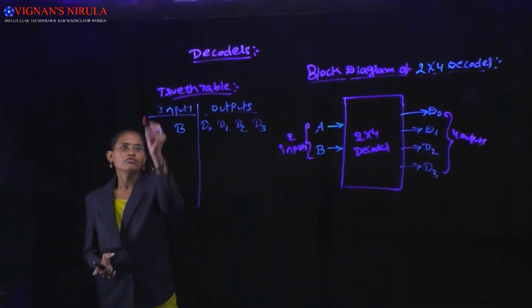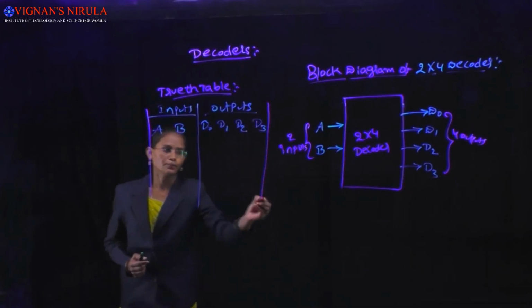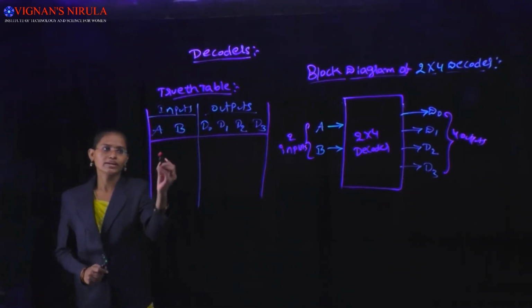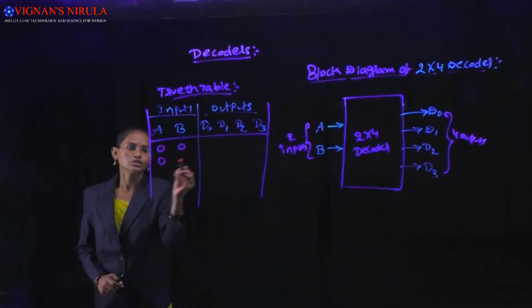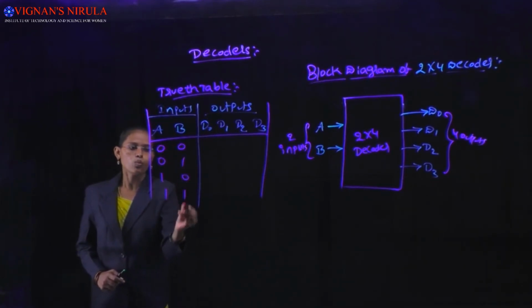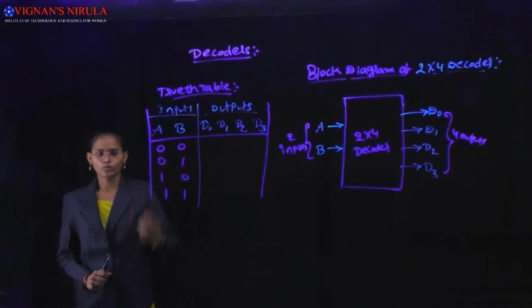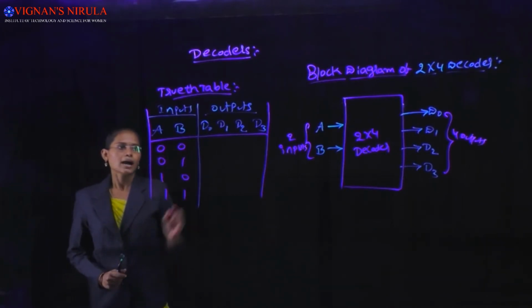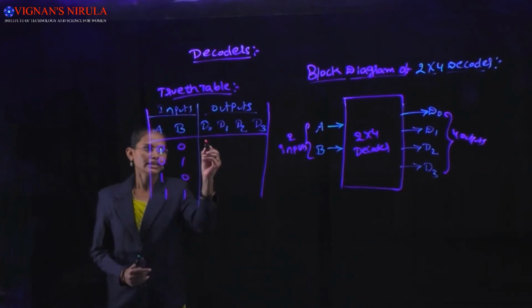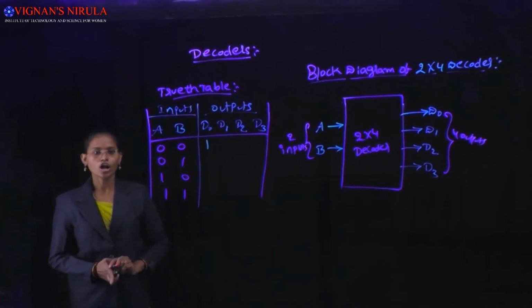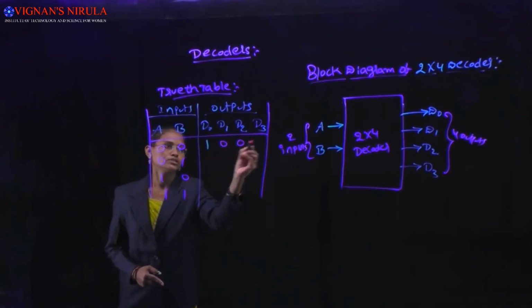These are the 4 outputs, 2 inputs. 2 inputs produce 4 combinations. They are 0 0, 0 1, 1 0, 1 1. If the input given is 0 0, then the output appears at D0 and the remaining are all zeros.